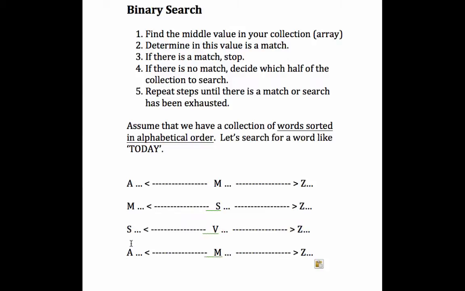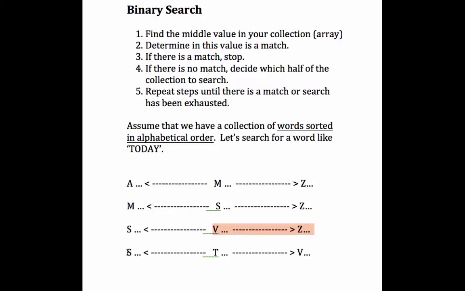And now this time, what I'm going to do is to say, well, the words are going to be starting with S now, all the way to the words with V in that half. And obviously, what the words are going to be in the middle, I don't have too many choices, are going to be the words that start with T. So one more time, I have eliminated, by performing one comparison, half of the data that I started with.